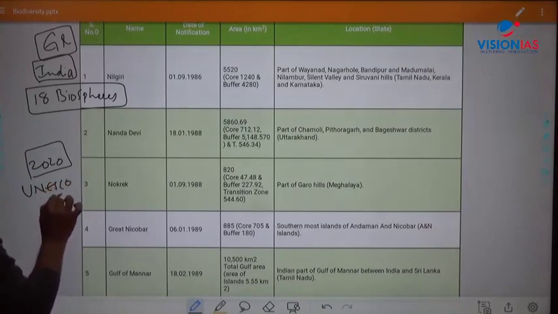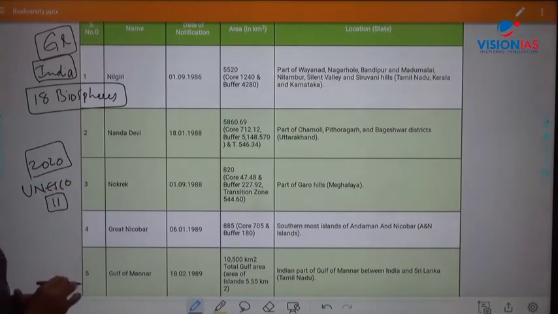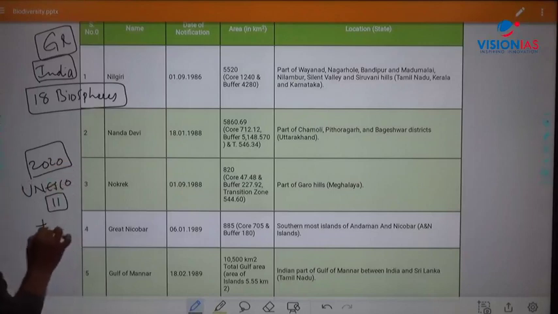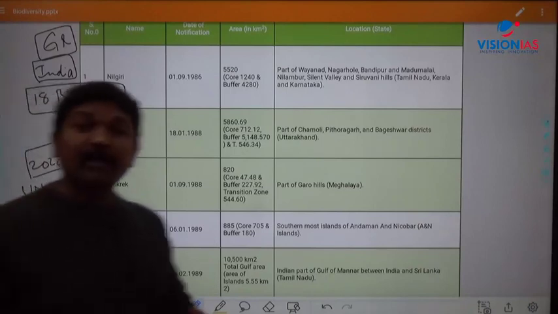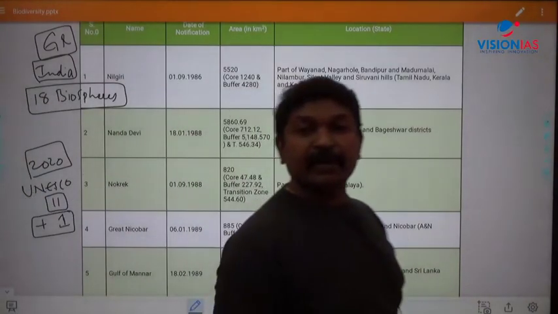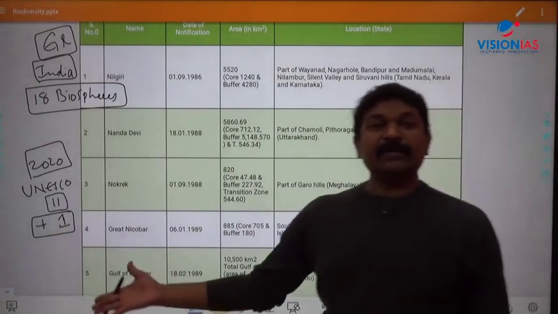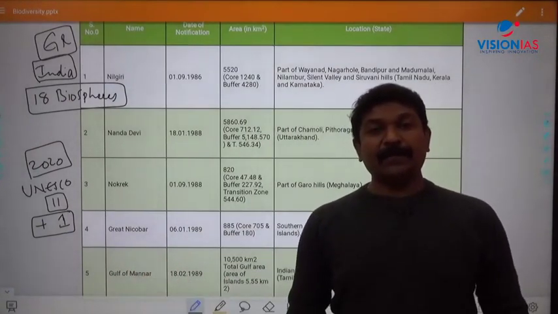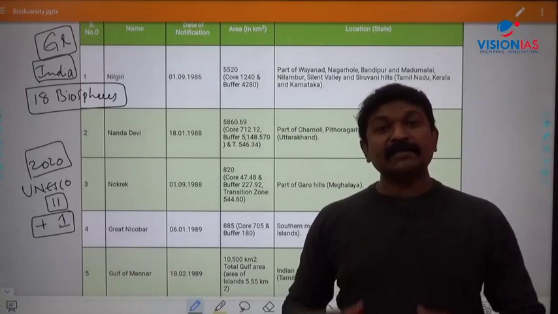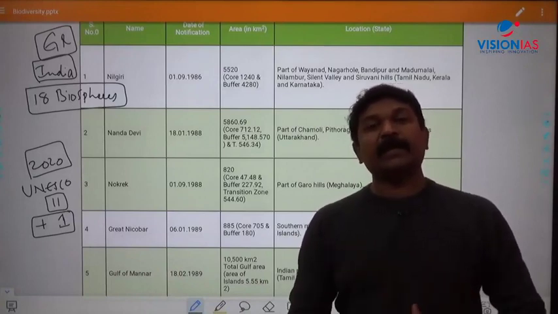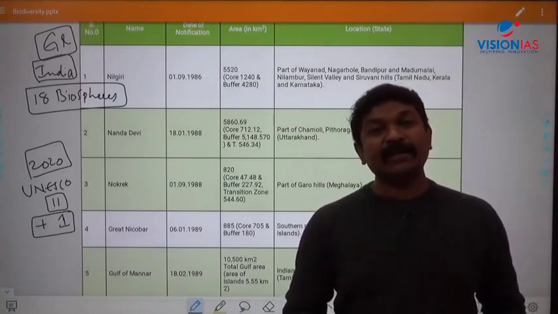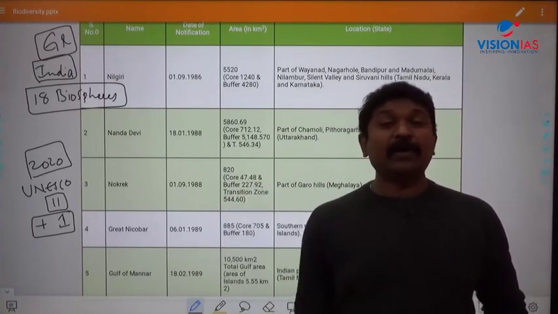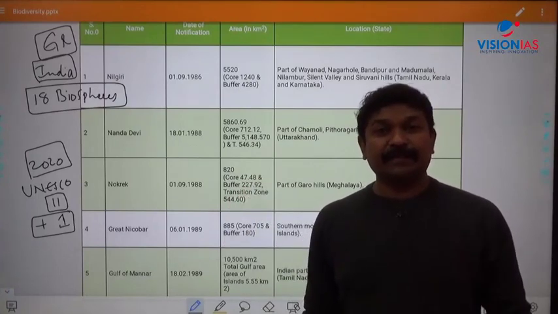only 11 biosphere reserves, but in the year 2020, one new biosphere reserve was identified by UNESCO. When? During the lockdown, during the pandemic, UNESCO updated one particular Indian biodiversity site as a world-important biodiversity center.